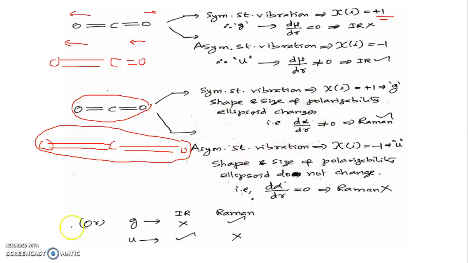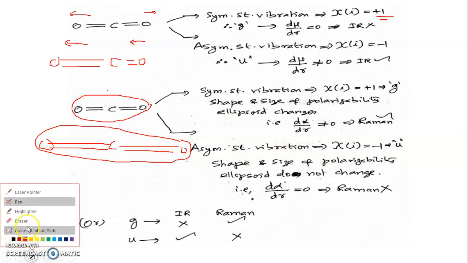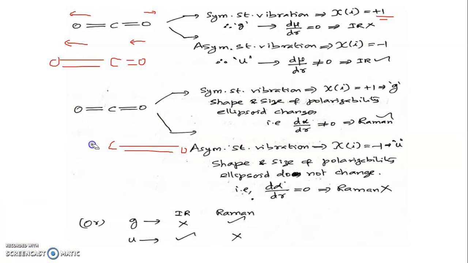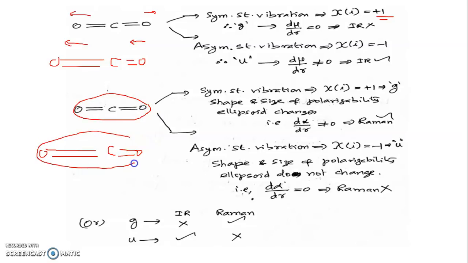If you go to the asymmetric stretching vibration, one bond elongates and the other bond compresses. If you check the polarizability ellipsoid, this is the ellipsoid before vibration, and this is the ellipsoid at one extreme position of the vibration.